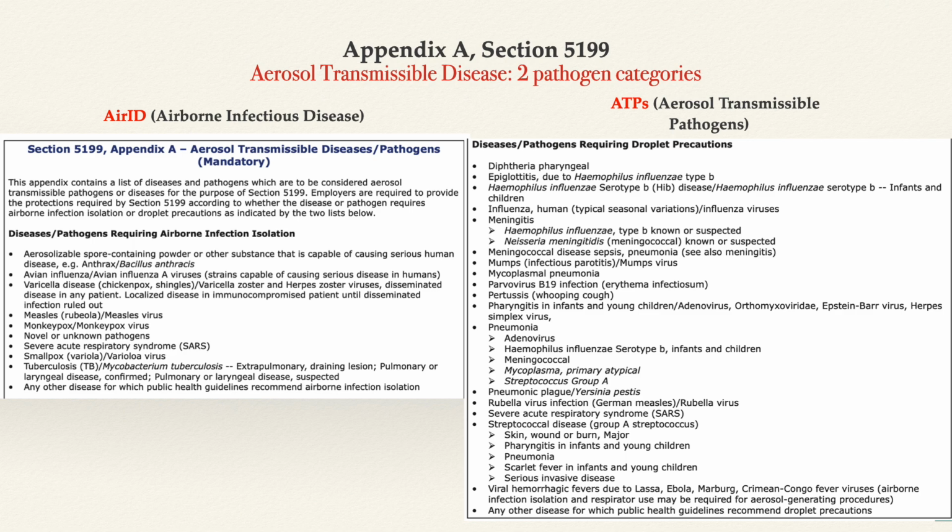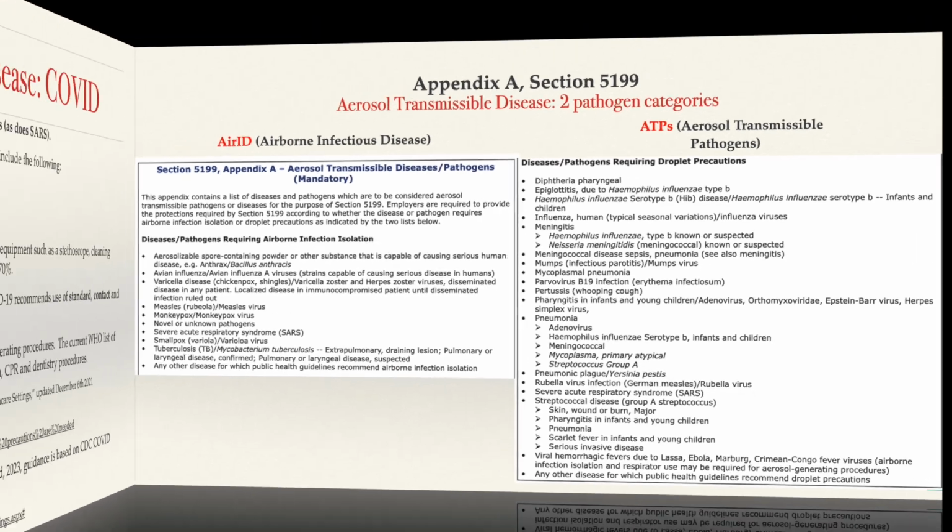Looking at the right-hand side of this slide, everything else that you might think of is there amongst the aerosol transmissible pathogens. Prominent among them, you see varieties of pneumonia of all kinds, streptococcal disease, meningitis, whooping cough, also referred to as pertussis. Note that SARS is in both categories. Also note that COVID is not in these tables, so we'll have something to say about that.